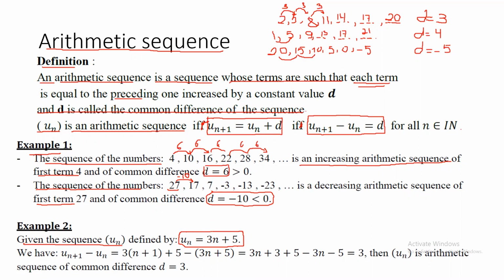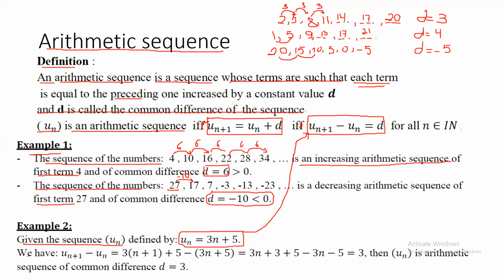We are going to show that this sequence is an arithmetic sequence. To prove this, I have to use this rule: u_(n+1) minus u_n equals d. For every n, if u_(n+1) minus u_n equals d, then this sequence is arithmetic.